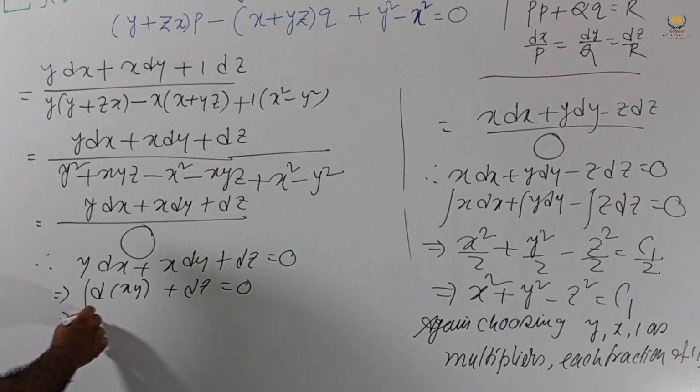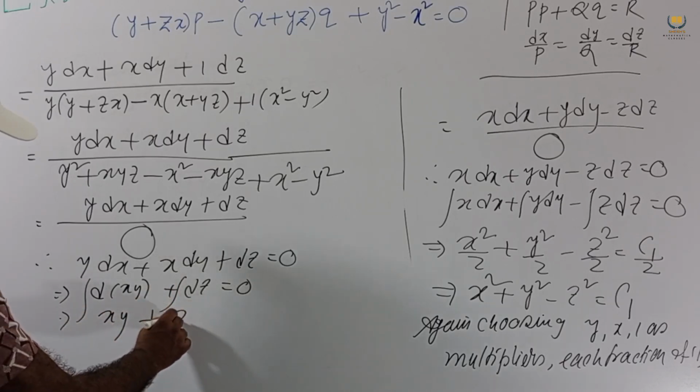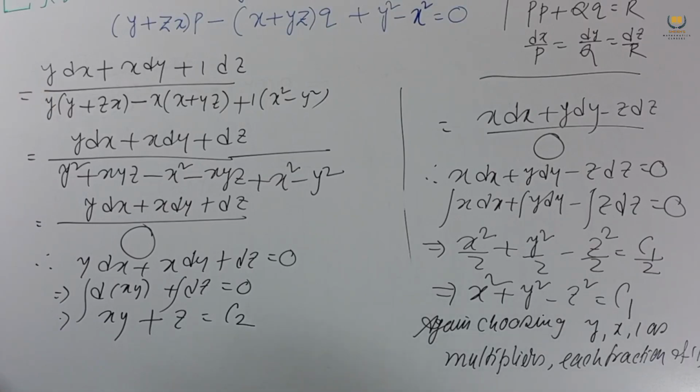If we integrate this, we get xy + z = c2.